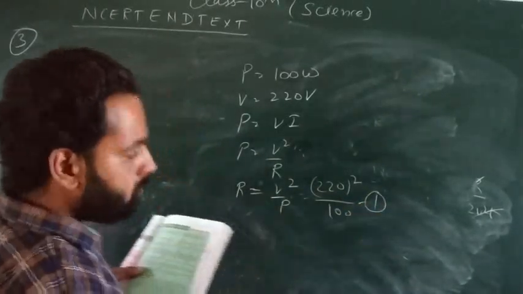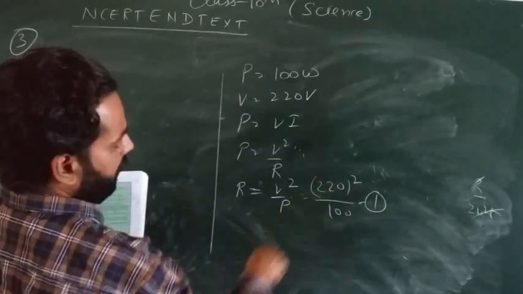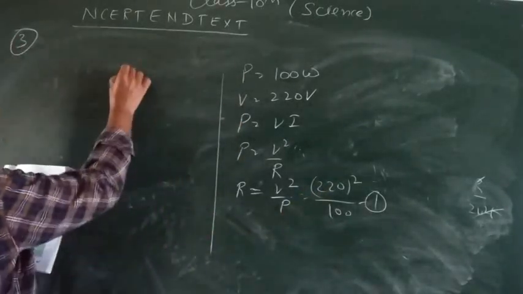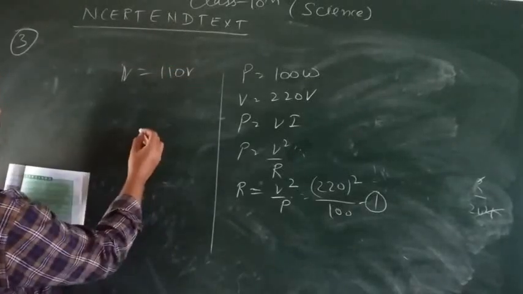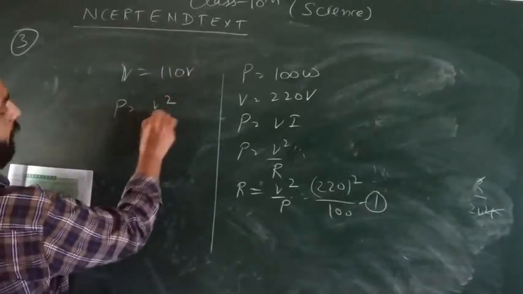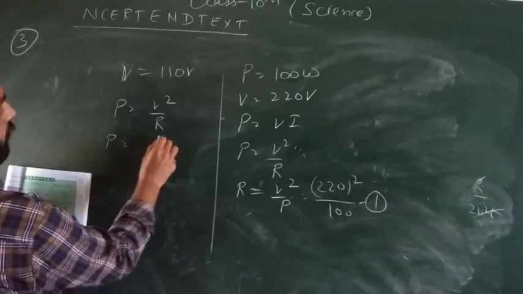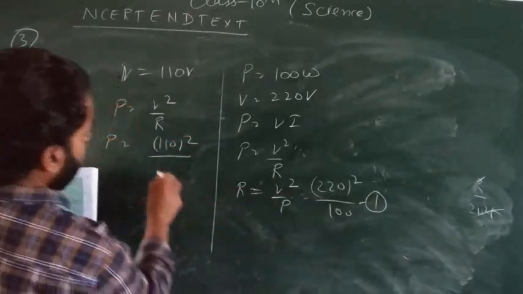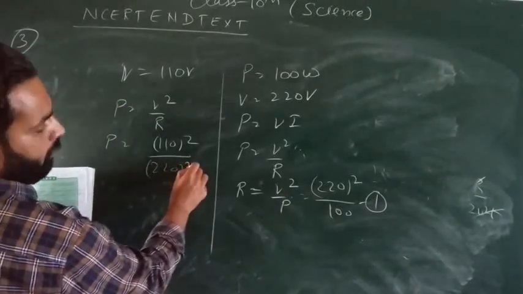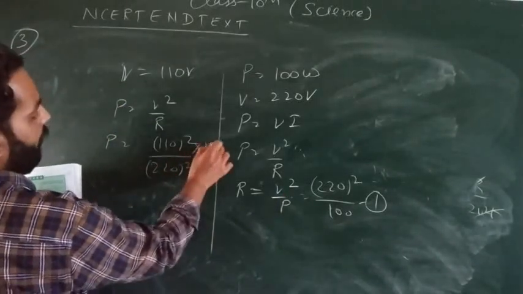Now that bulb is operated at 110, so V is 110 volt. What is power? Again, power is equal to V square by R. V is 110 square, and R is 220 square divided by 100, so 100 moves upside.